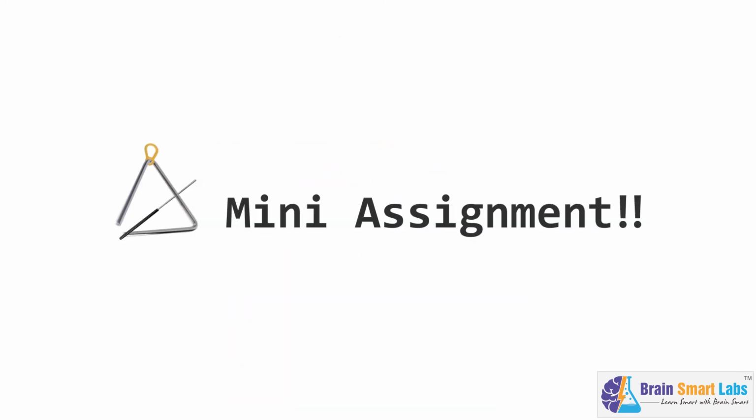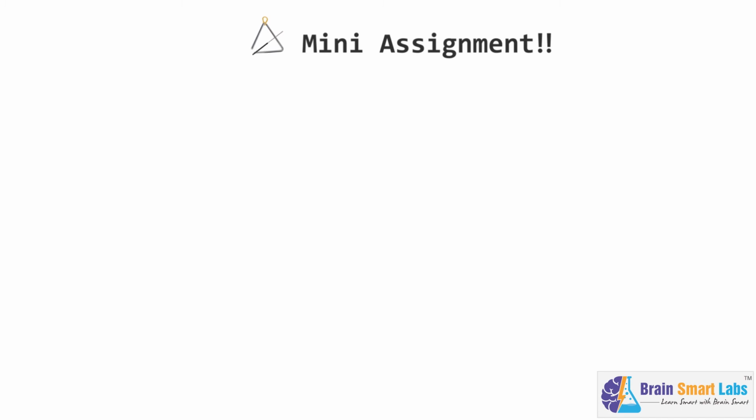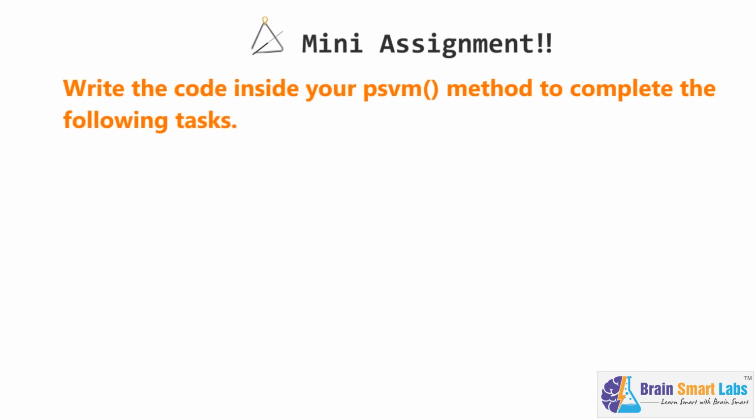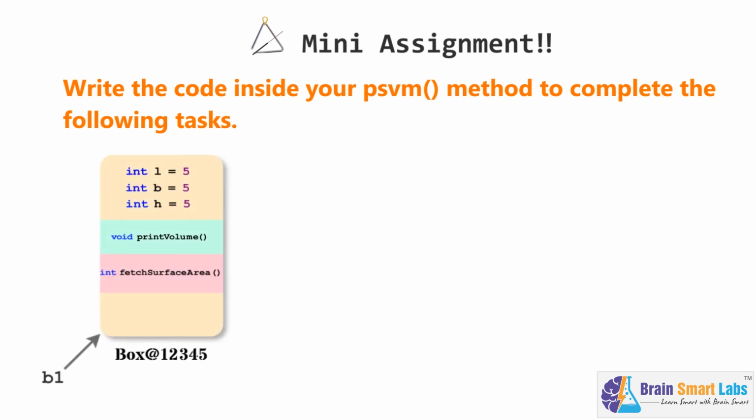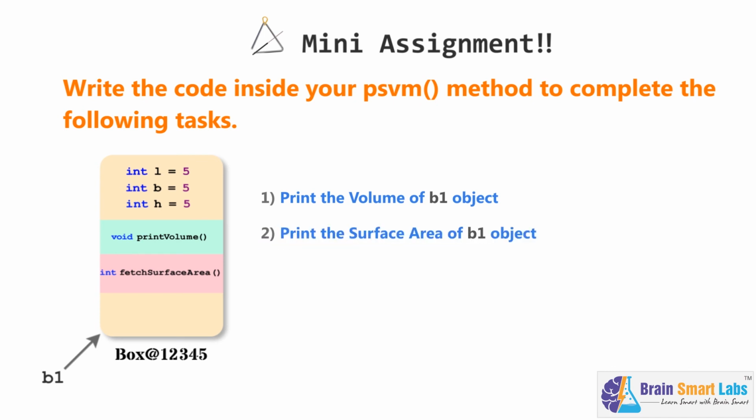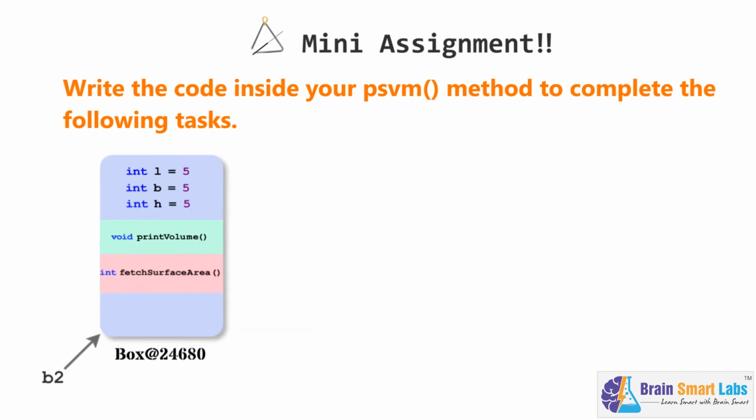Mini assignment. Write the code inside your main method to complete the following tasks. For the first object box b1 is equal to new box, print the volume of b1 object in the first line and then print the surface area in the next line. For the second object box b2 is equal to new box, using valid SOP statements, print the values of LBH that are present inside.